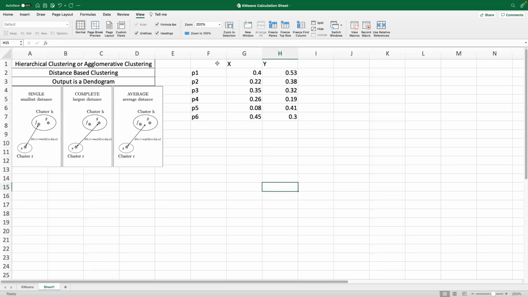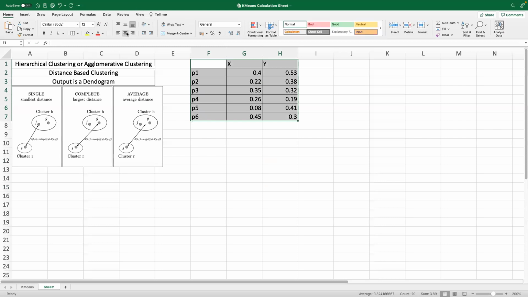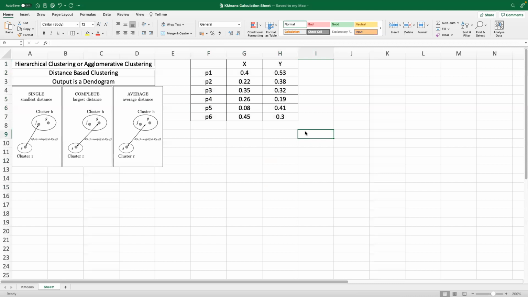So we have these data points with X and Y coordinates given to us.